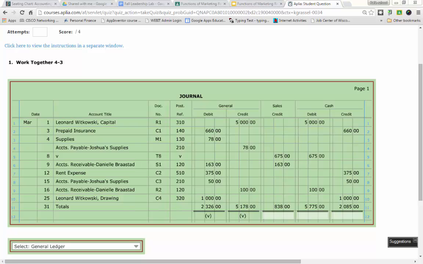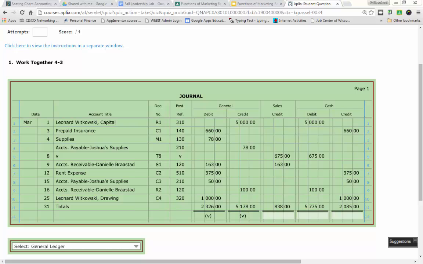They have a V, or I would say a check mark, but there's no check mark key on a keyboard, so we use a V because it looks similar. We put a check mark under there because if we didn't put something there, it would look like we forgot it, right? Okay. So we put a check mark under general debit because am I going to put that number 2,326 in any account?